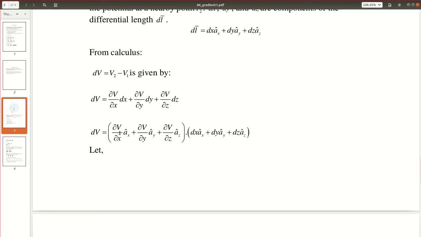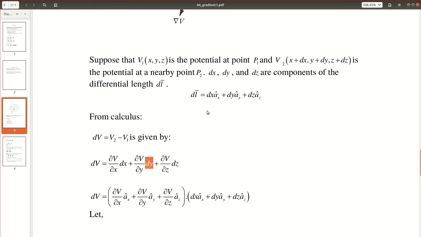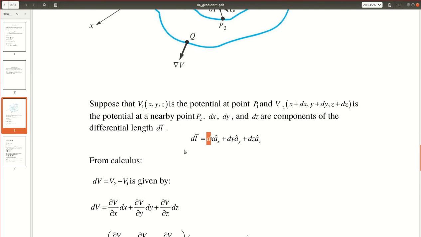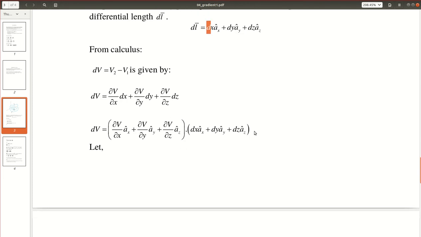You take the differentiation of V itself on one side, and dx, dy, dz, the displacement, on the other part.